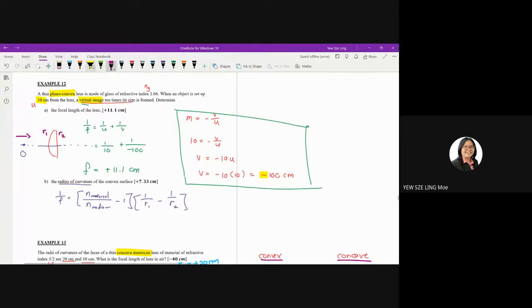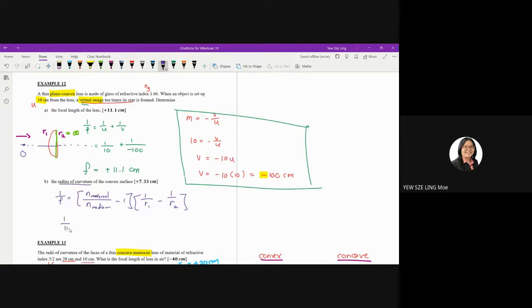The important thing is to know the value for R2. R2 is a flat surface. When you have a flat surface, the radius is equal to infinity. Which means for question B, you need to substitute R2 as infinity.